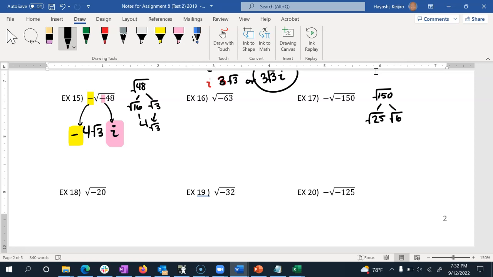It had already been said for many seconds. The square root of 25 is the whole number 5. Square root of 6 is just square root of 6. So we're going to have 5 square roots of 6, but a negative because of this negative sign in the front of the radical. What else am I missing? Right, because of this negative sign underneath the radical.